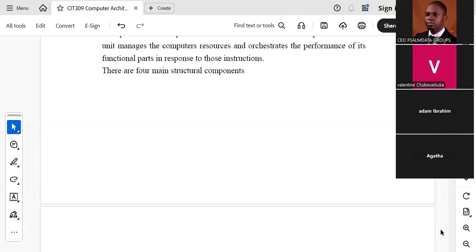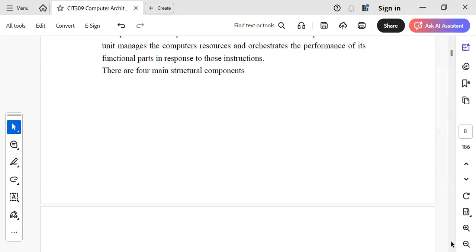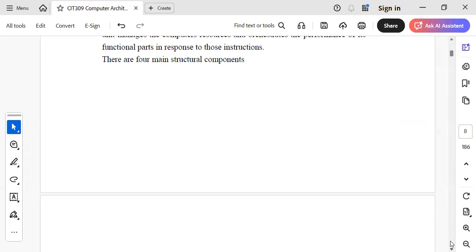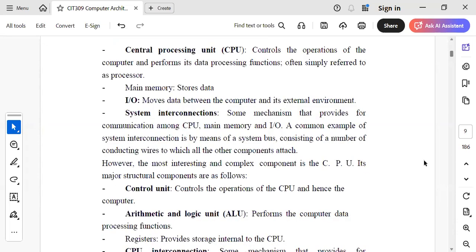Agatha, are you here? All right, over to you. There are four main structural components. That is the central processing unit, CPU. It controls the operation of the computer and performs its data processing function, often simply referred to as processor. Main memory stores data.